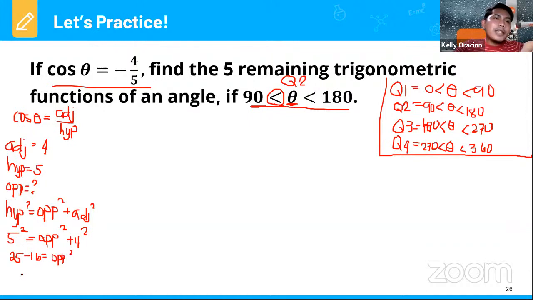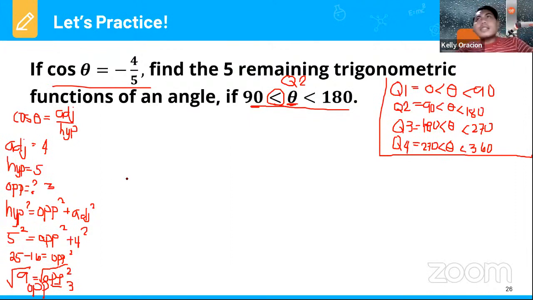And 25 minus 16 is 9. Extract the square root. So its opposite side is 3. The value of our opposite side is 3.